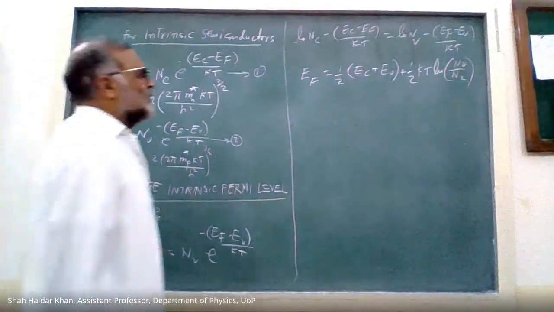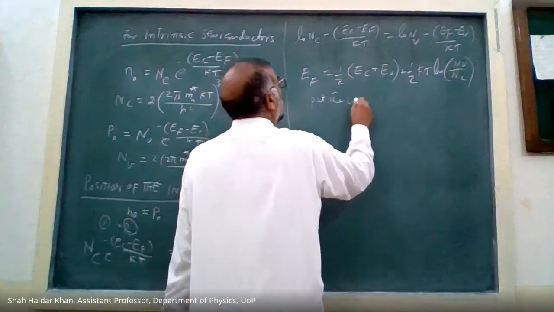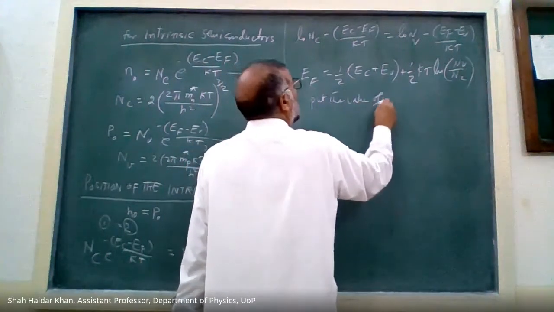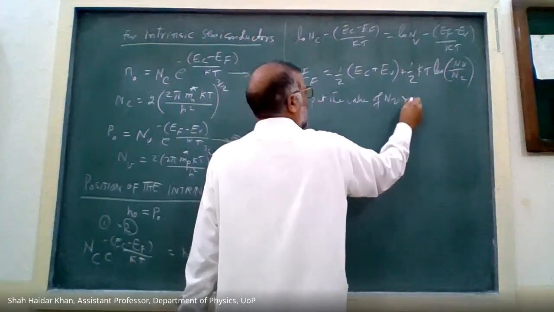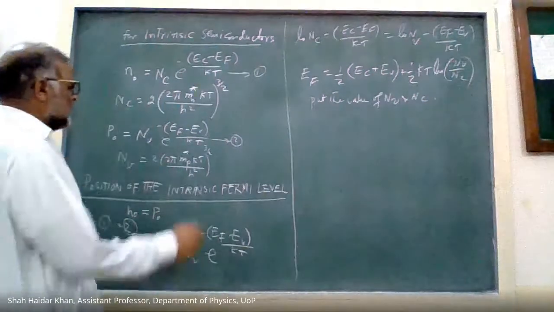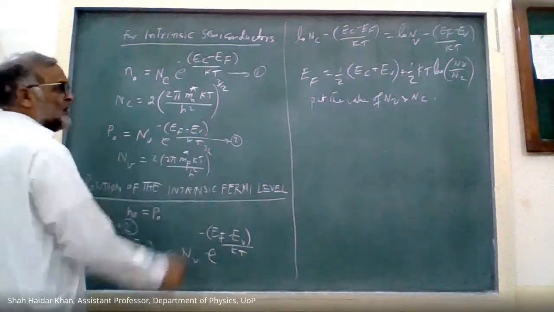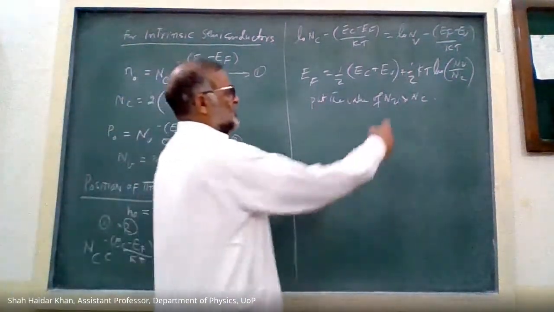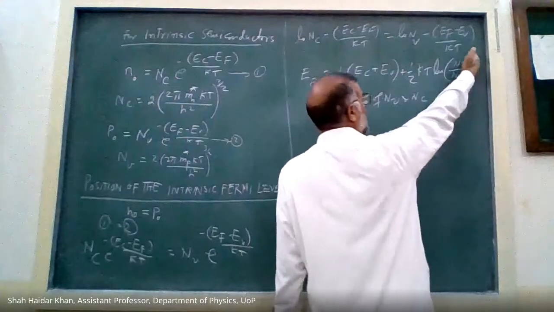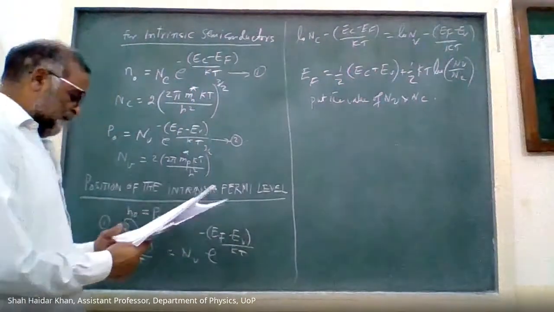Now put the values of NC and NV, right? This is the value of NC, and this is the value of NV. So the power 3 by 2 will come in the front.